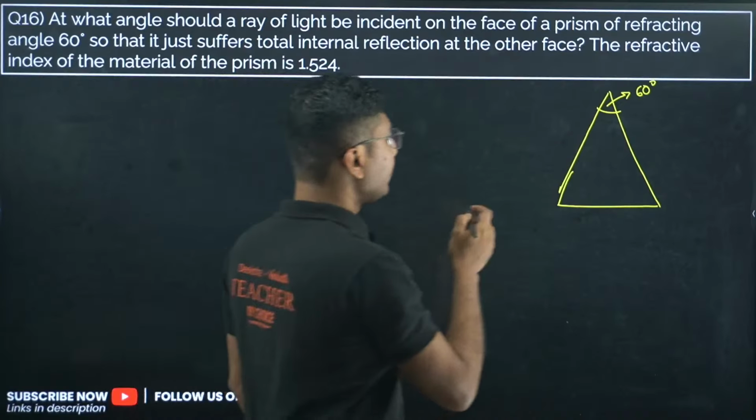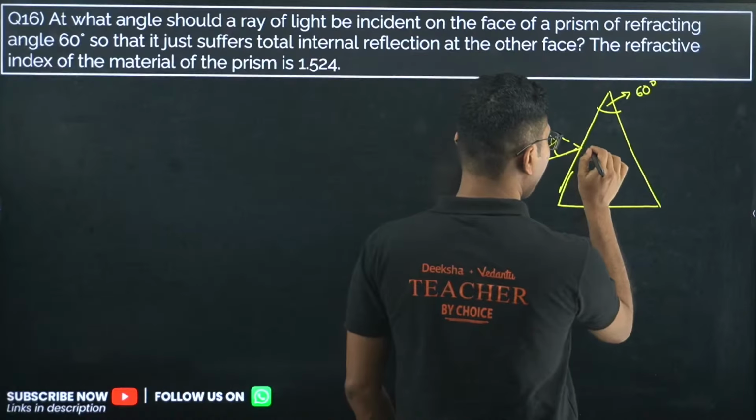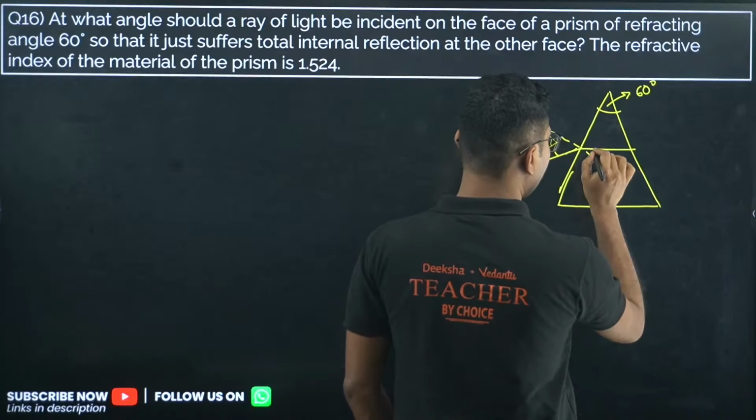Now suppose a ray of light is incident on this prism. This angle is i. Once it falls on this prism, this is the angle of refraction r, and then it passes directly through the surface dividing these two planes.